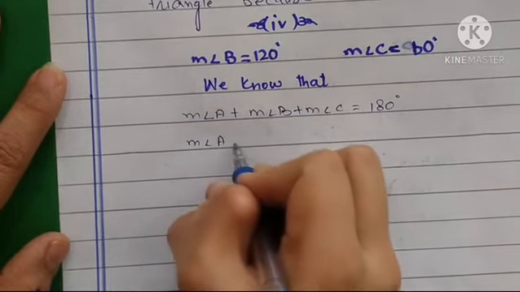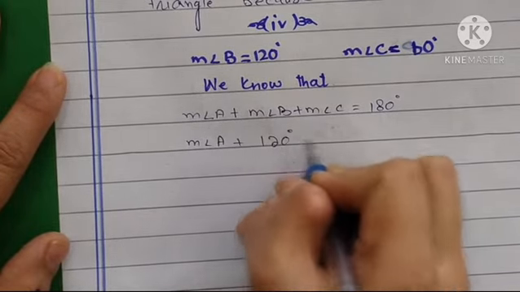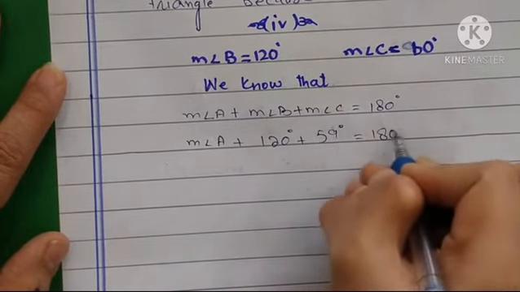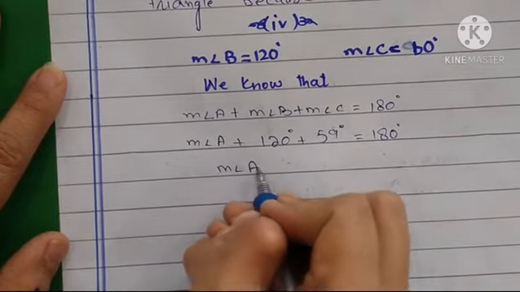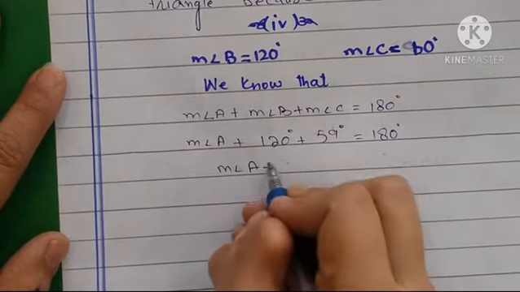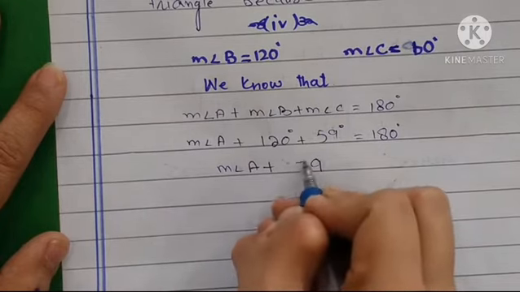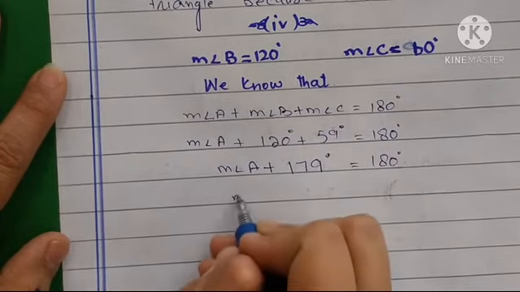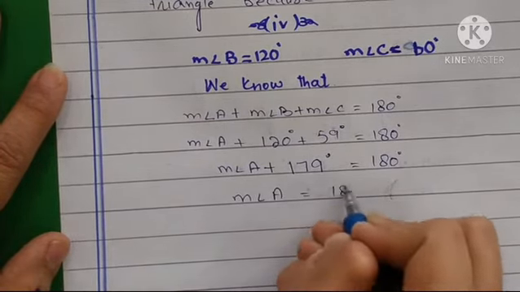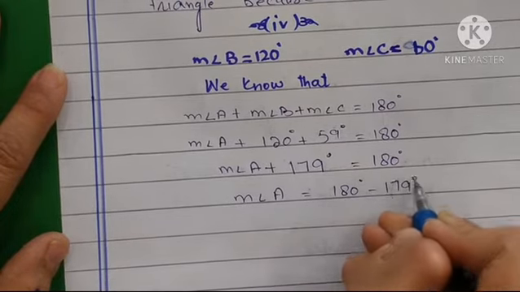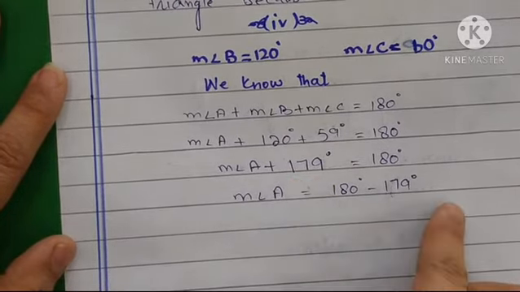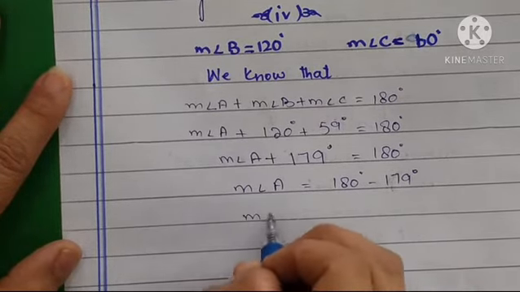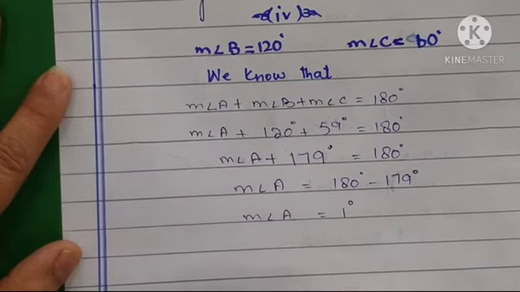We will find angle A. Measure of angle B is 120 degree, and measure of angle C I will take 59 degree, is equal to 180 degree. Now we will add these two values. After adding, we get 179 degree. Measure of angle A is equal to 180 degree minus 179 degree, because we know that if we move to the other side of equal, the sign will change. So measure of angle A is equal to 1 degree.